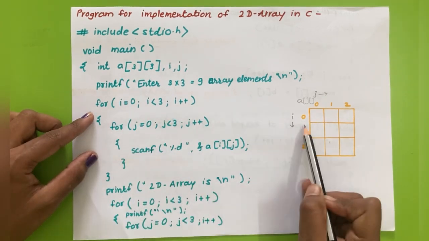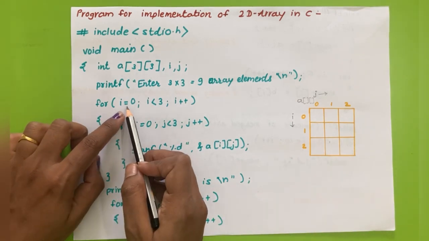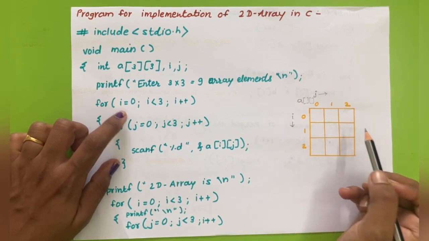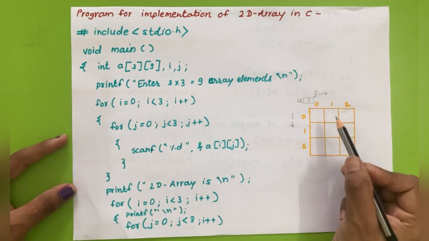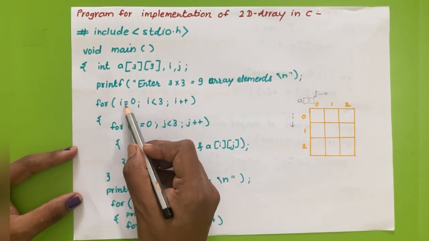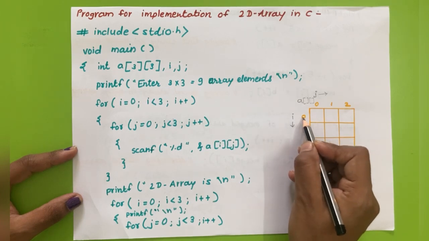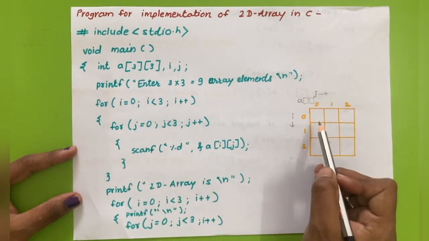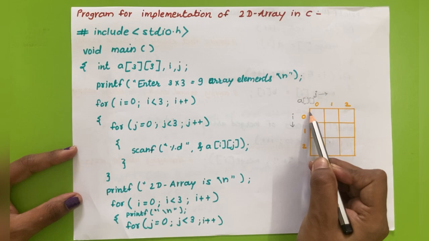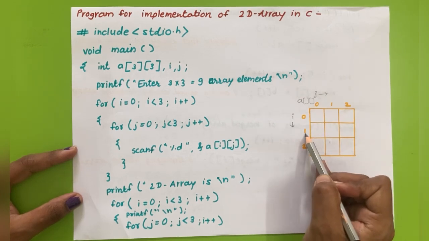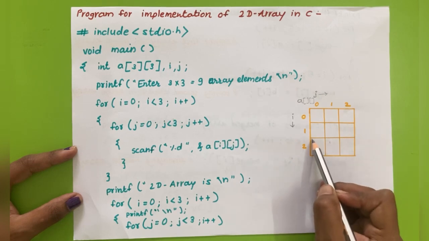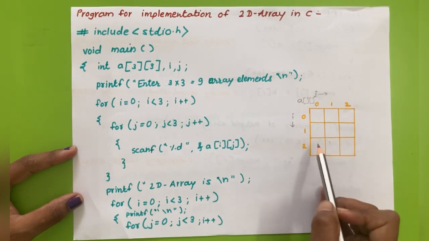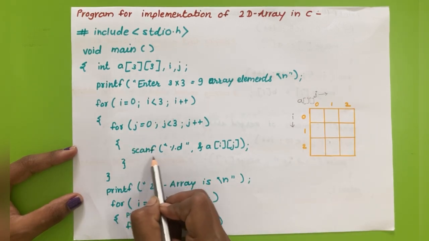Okay, so in memory what actually happens: this I will represent the row index and this j will represent the column index. So for I equal to 0, for a single value of I, these values will be filled up. Again after completion of accepting this whole row, I will get incremented and the next value will be accepted by this scanf function.